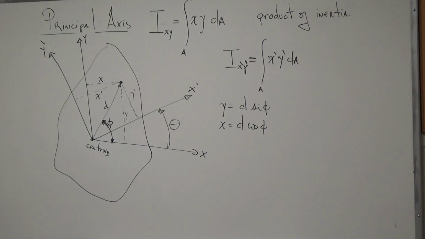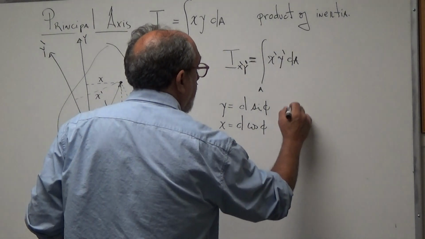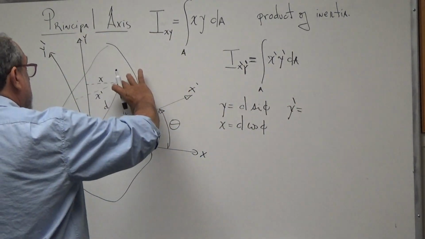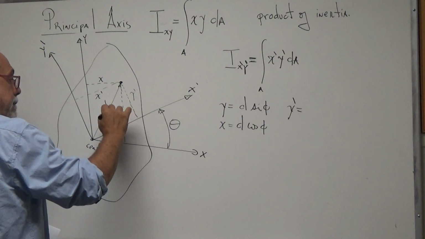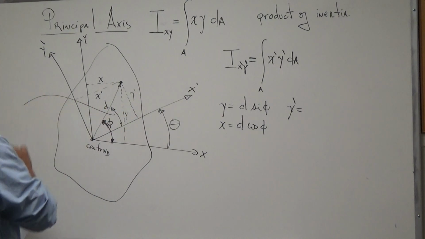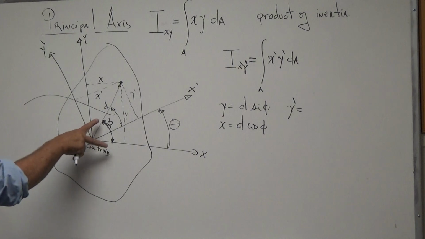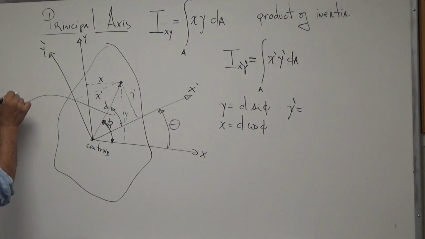Now, we can also write that y prime, this, is equal to d times the sine of this angle, right? But that angle is phi minus theta, right?